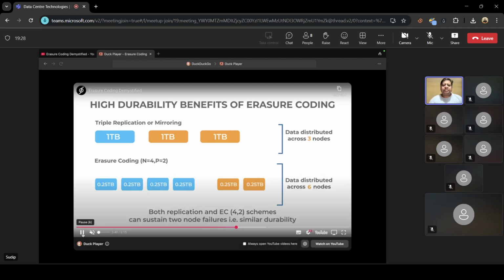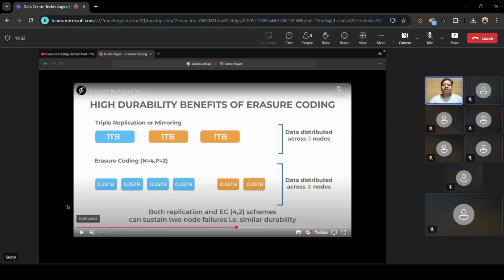When we do erasure coding, we generally speak in numbers of n plus something. You would have seen Shivani responded to my message saying that yes, Pure Storage uses n plus 2 erasure coding. Now, what does that n plus 2 mean?